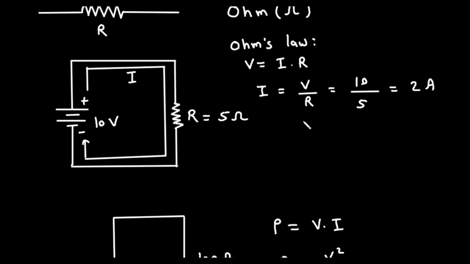Now why do we use resistors? Resistors are used in circuits for many purposes, like to limit the current. Suppose we have to protect the LED. To protect the LED, we need to limit the current. Then to divide voltage between components.